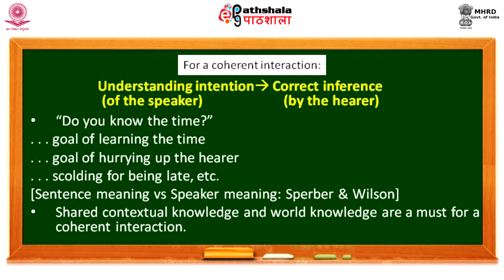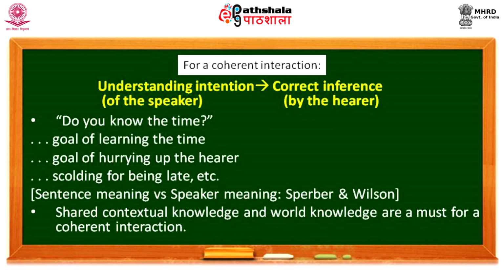So in this module, we'll be looking at the challenges that one faces while building a dialogue system. When we are talking about the speaker's intention, for example, we have the same utterance, "Do you know the time?" And depending on the context, the inferences can be different. The hearer should have the correct context to understand what the intention of the speaker was.